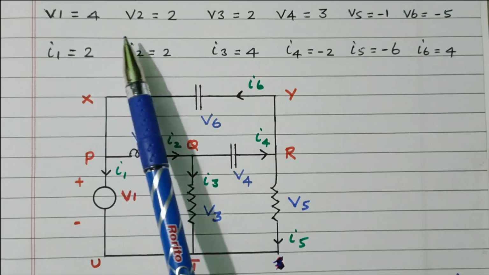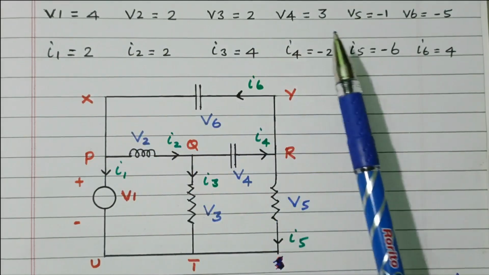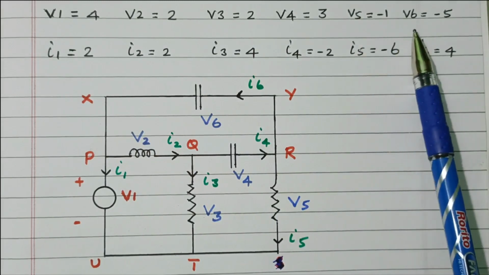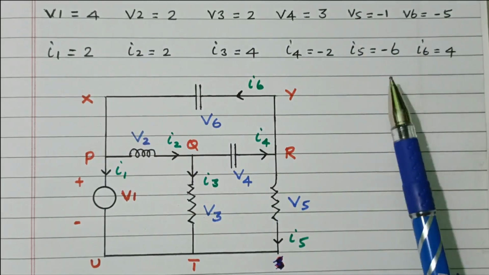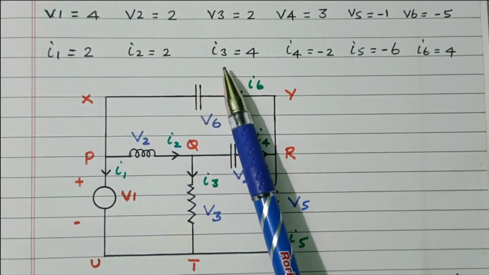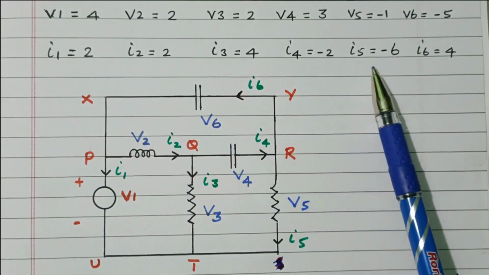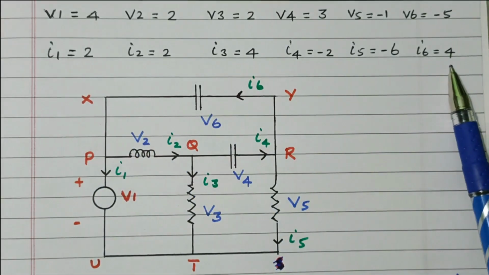V1 is 4 volts, V2 2 volts, V3 2 volts, V4 3 volts, V5 minus 1 volt, V6 minus 5 volts. I1 is 2 amperes, I2 also 2 amperes, I3 4 amperes, I4 minus 2 amperes, I5 minus 6 amperes, I6 4 amperes.